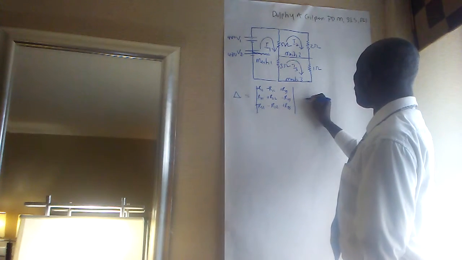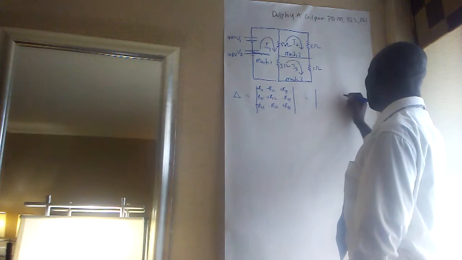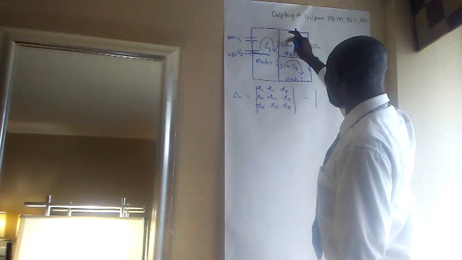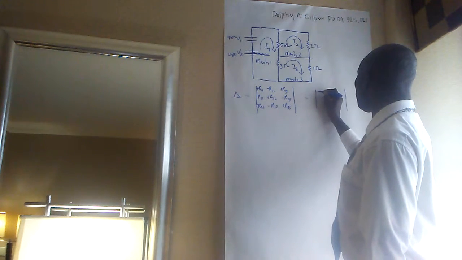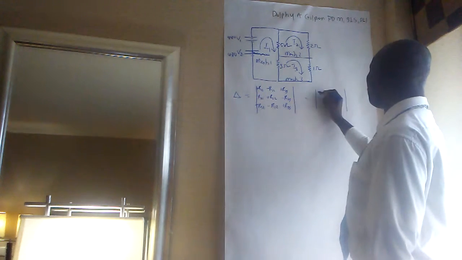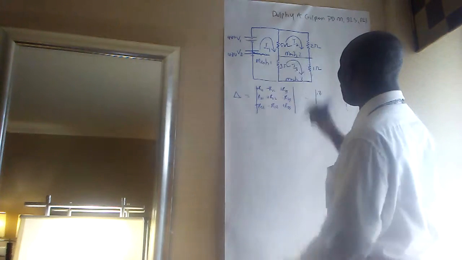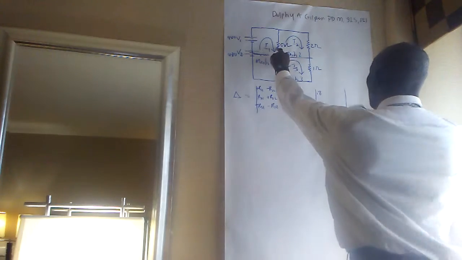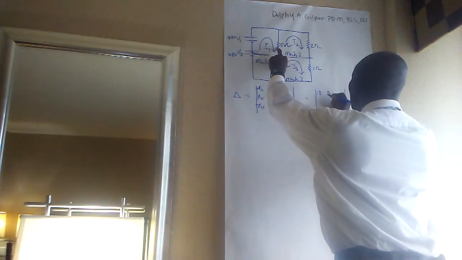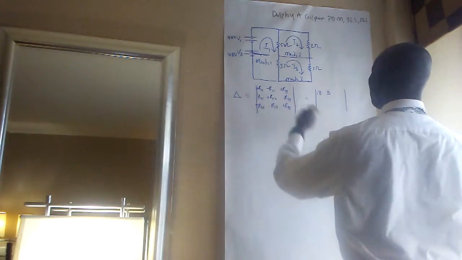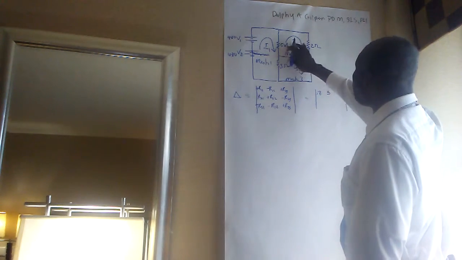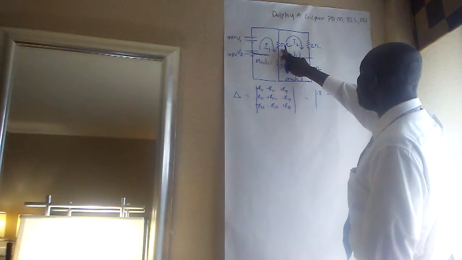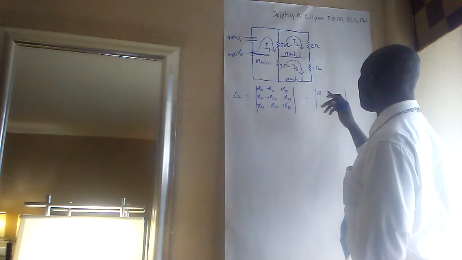So that's equal now to the determinant of mesh 1, R11 will be equal to 3 and 5, 8 ohms, positive. R12 is the resistance common to mesh 1 and mesh 2, which is 5, and it's minus, because mutual resistance is negative anyhow.